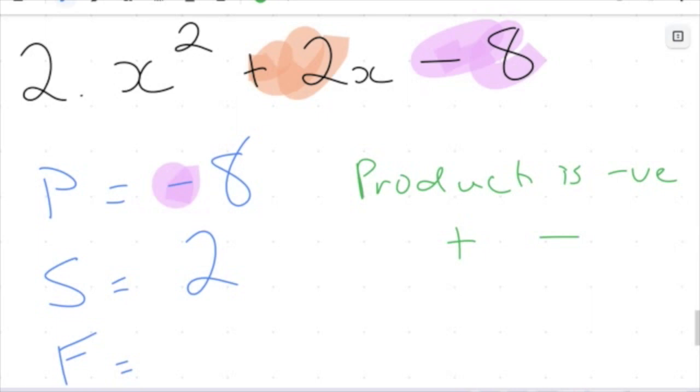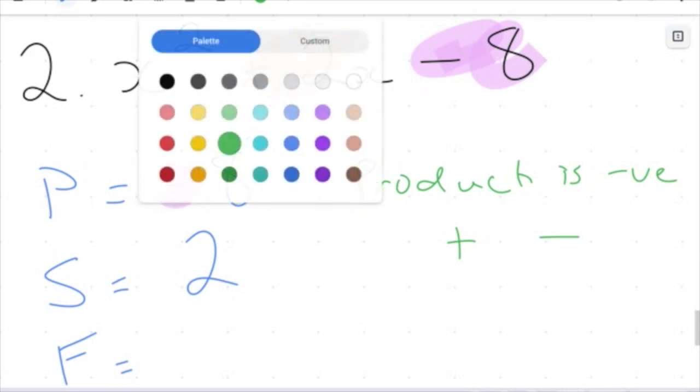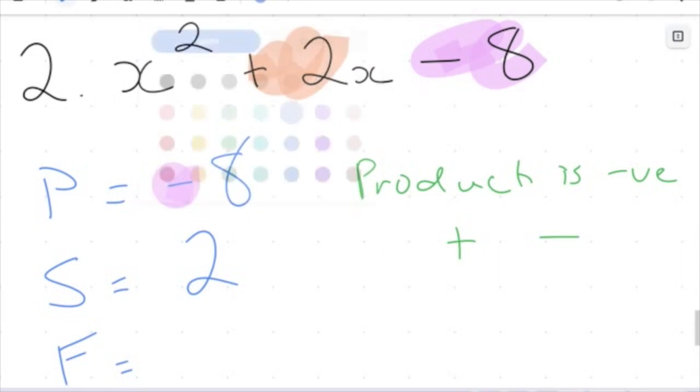That's a hint, right? And we can also consider the sign of my sum. The sign of my sum is positive.